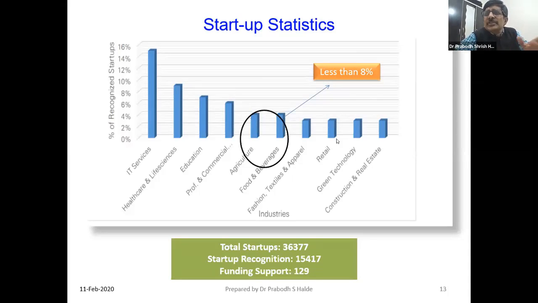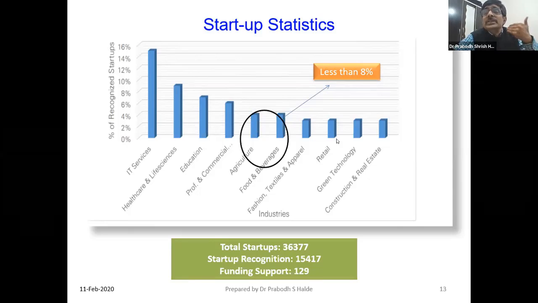Unfortunately, this data is from last year. Of 100 startups, less than 8% are in the area of agro, food and beverages. After this pandemic, I am supporting more than 600 startups. I am seeing that in this pandemic so many people are moving to food startups because everybody wants to eat food.